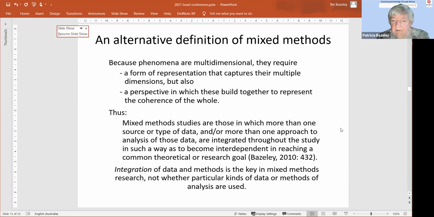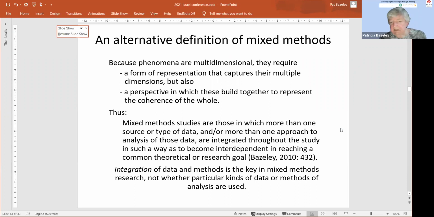The key to my definition is that these different sources of data or approaches to analysis are integrated throughout the study in such a way as to become interdependent in reaching a common theoretical or research goal.